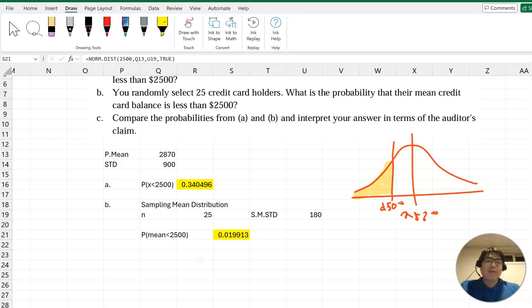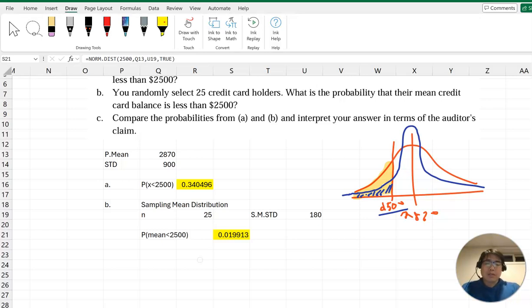After we do the sampling mean distribution, the graph looks a little bit smaller and taller like this. Even though we locate the same 2500 here, the cumulative area gets much smaller compared to the regular normal distribution.